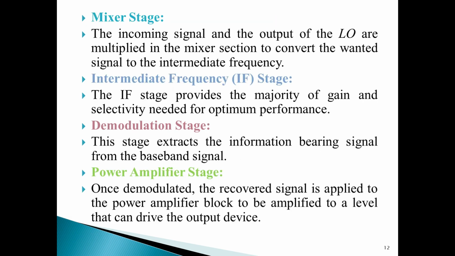The incoming signal and the output of the local oscillator are multiplied in the mixer section to convert the wanted signal to the intermediate frequency. The intermediate frequency stage provides the majority of gain and selectivity needed for optimum performance. The demodulation stage. This stage extracts the information-bearing signal from the baseband signal.